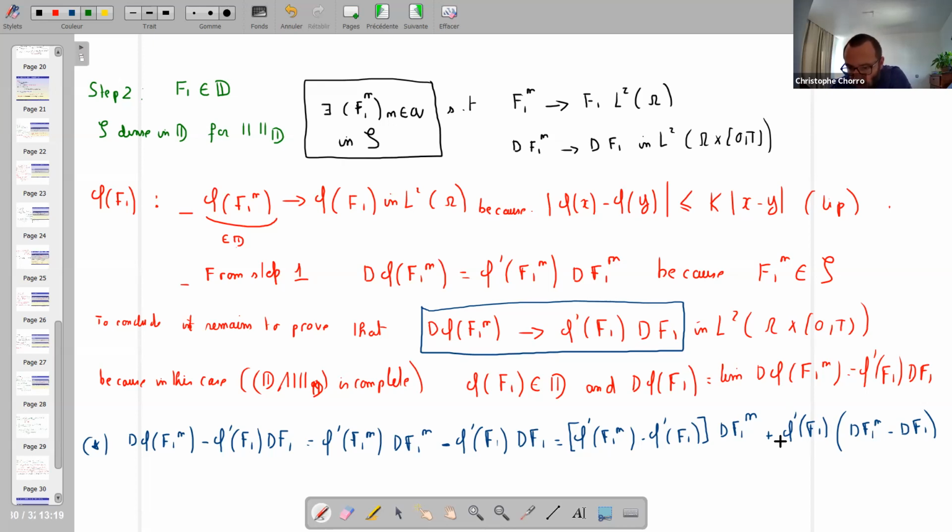This one, I know that it is bounded, because phi is Lipschitz, so its derivative is bounded.